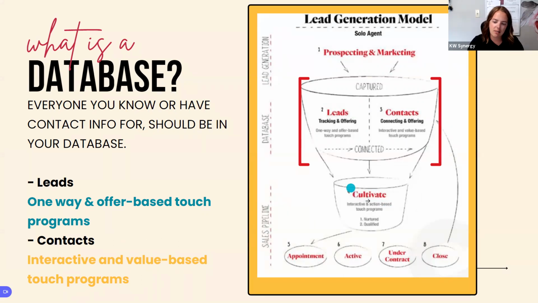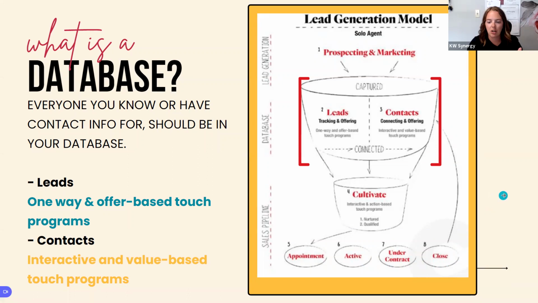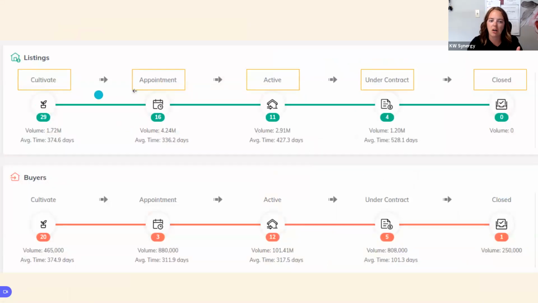If you've noticed, number 4 through 8: cultivate, appointment, active, under contract, close. If you have created an opportunity in Command, you will notice those are all the same ones in your opportunity pipeline.